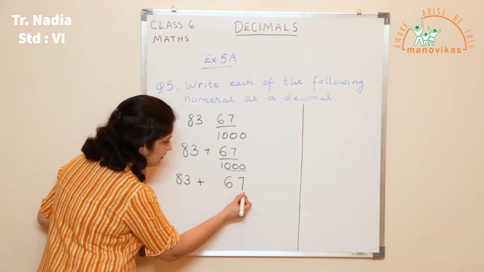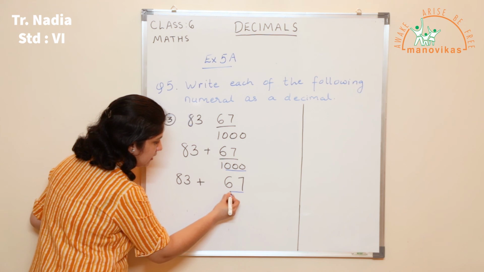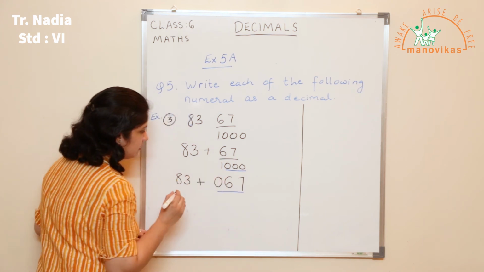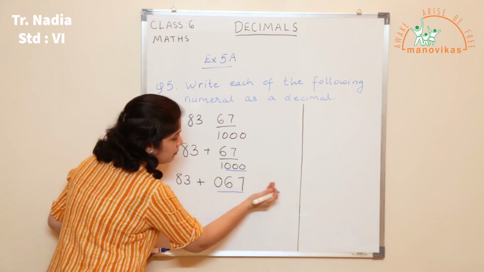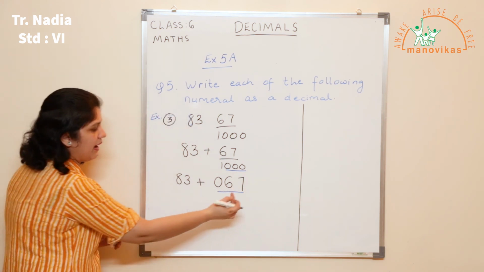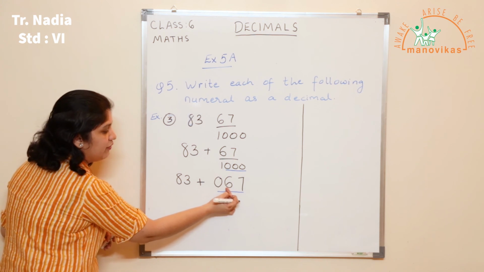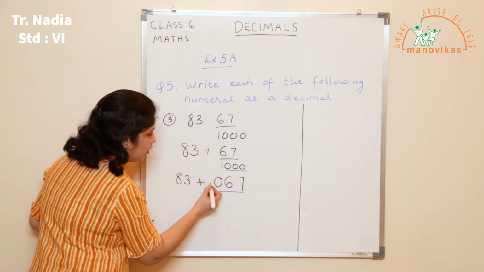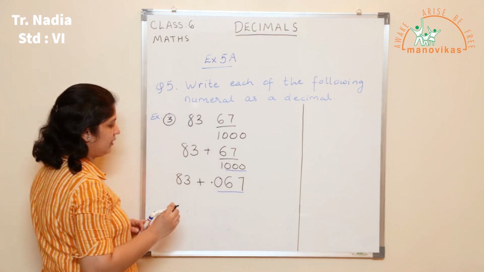3 zeros, so I need 3 places, but I have only 2 here. I need 1 more, so I will create that 1 more by putting a 0 backwards. Please don't put a 0 forward, you have to count backwards. 1, 2, if you are short, the 0 will come here, backwards. Now I got 3, I will put point here.